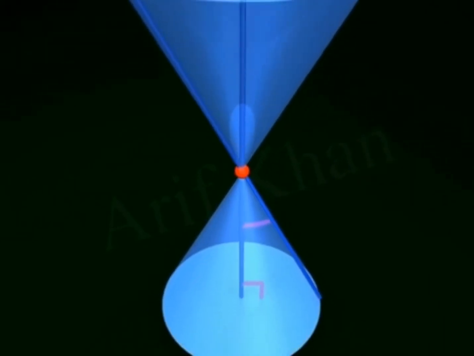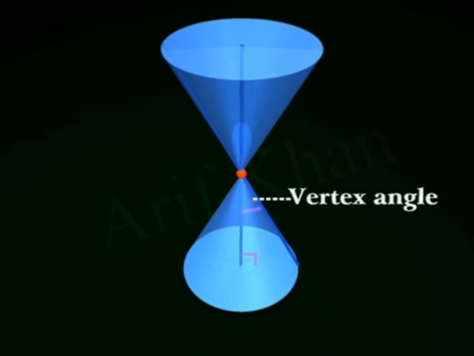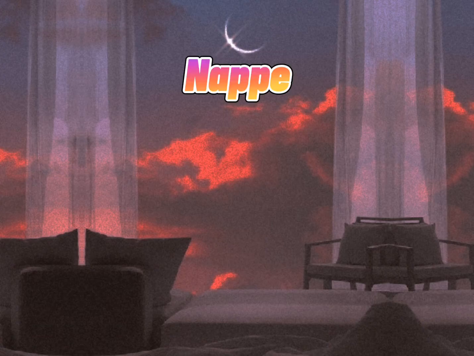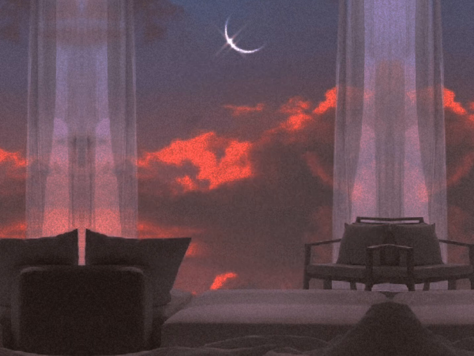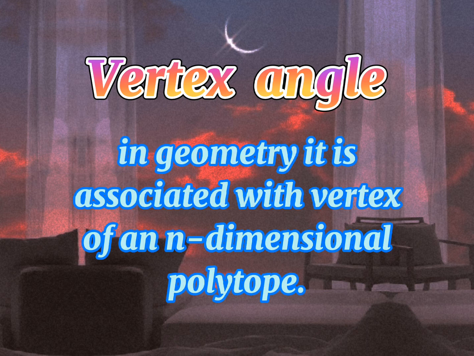Also, the angle between the generator and the axis is called the vertex angle. Nap, the profile of a body of water flowing over an obstruction in a vertical drop. Vertex angle, in geometry, is associated with the vertex of an n-dimensional polytope.